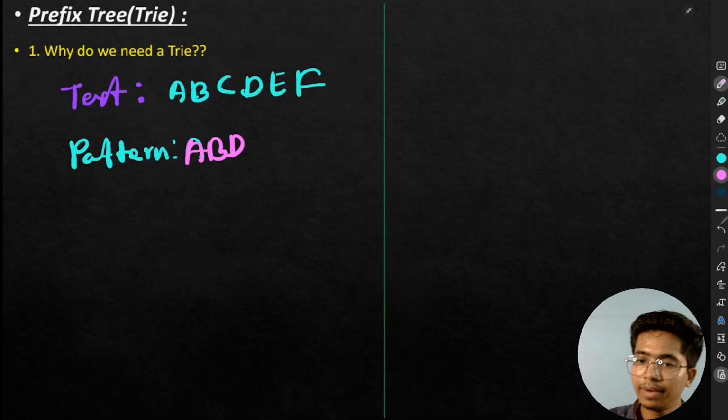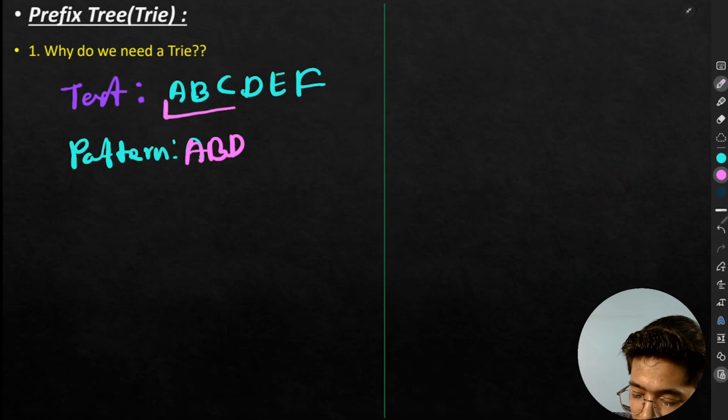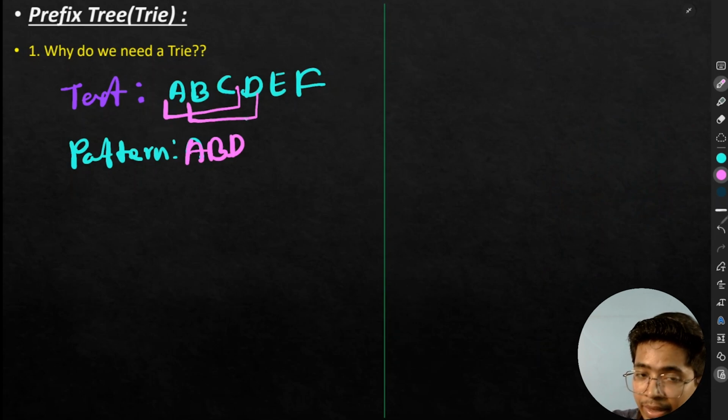Look, first, if we just use the normal approach that we all know, we'll compare the patterns using the normal method. So first we will take this size of window and compare with this. They are not matching, so we'll move again. Again they are not matching, so we'll move to that side.